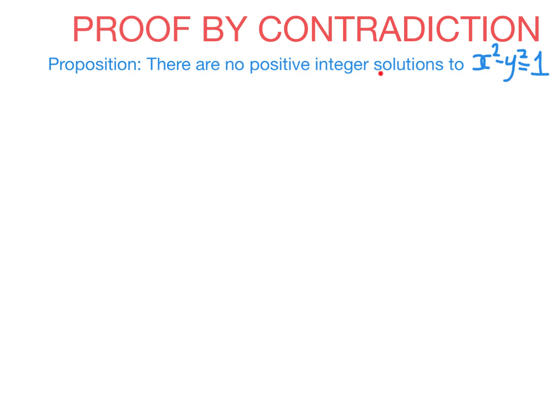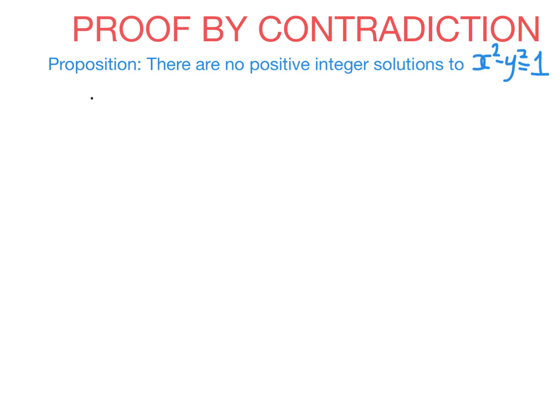Here, there are no positive integer solutions to x squared minus y squared equals 1. A lot of people say you can't prove a negative. Well, in maths you can. Proof by contradiction is a very good tool to prove a negative, to prove that something can't happen or won't happen. What we're going to do is assume that it does happen and then show that that is crazy.